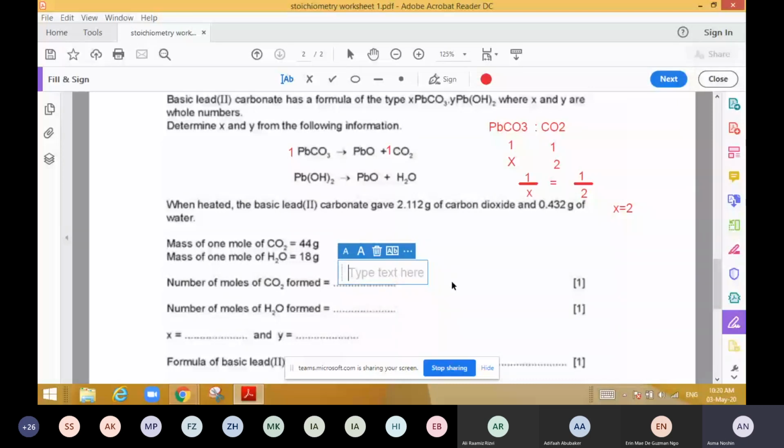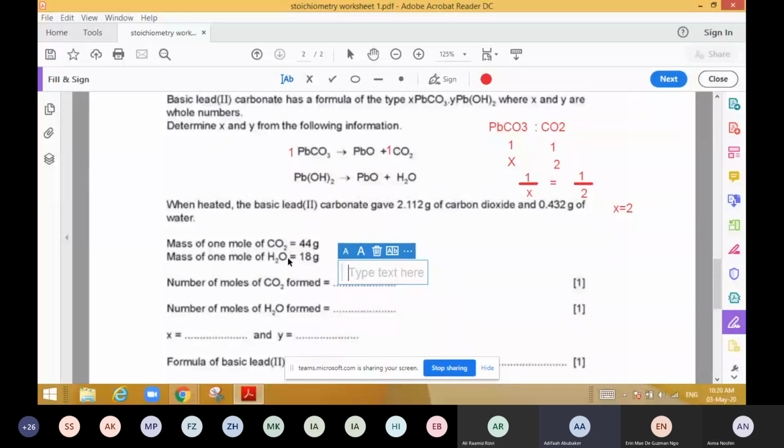For carbon dioxide, what will be the number of moles? The molar mass is 44. You divide the given mass by 44.